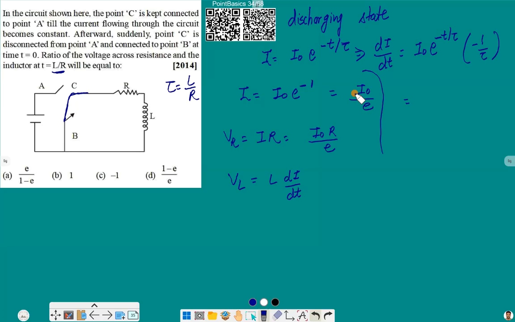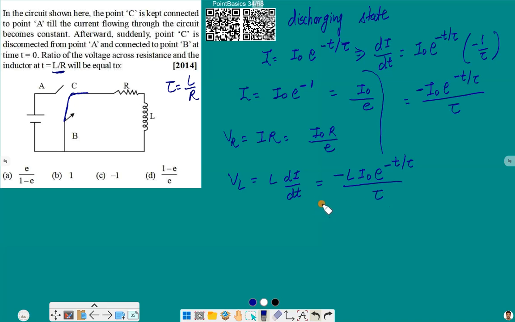So the voltage across the inductor is given by minus L I node e raised to power minus t by tau, divided by tau.